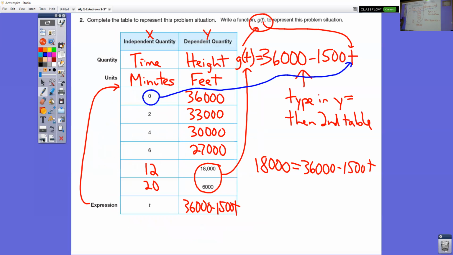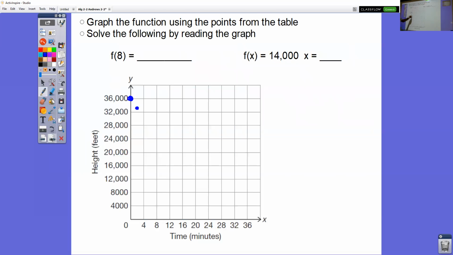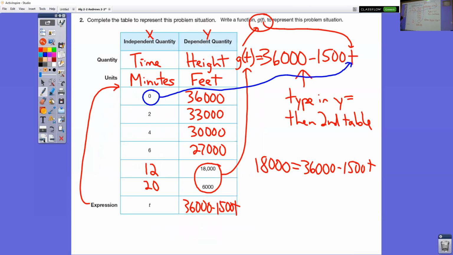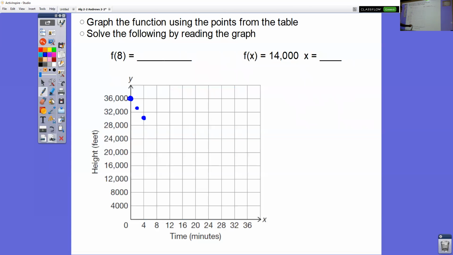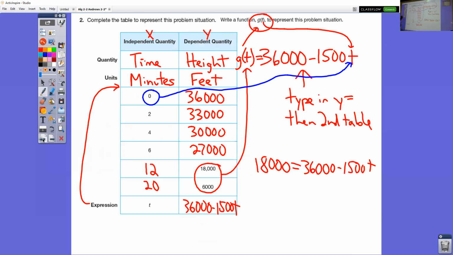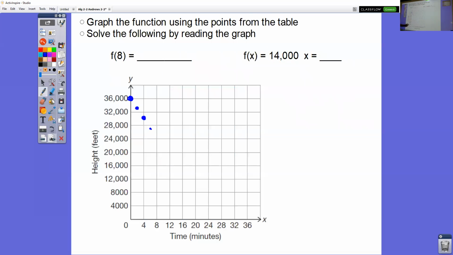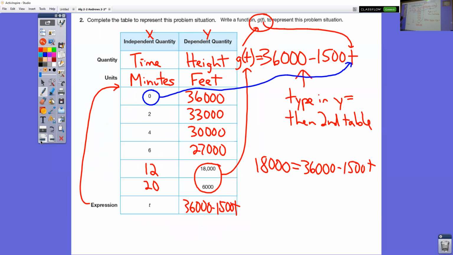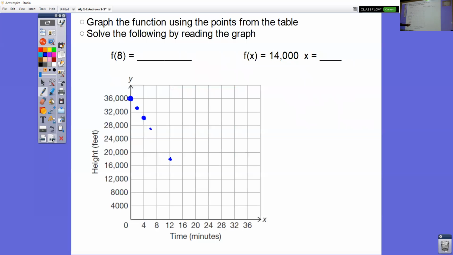Then we have 4 and 30,000, again estimating a little bit. 6 and 27,000. Notice that's forming a straight line. 12 and 18,000. And then we have 20 and 6,000. So there's my graph. This would be a straight line.